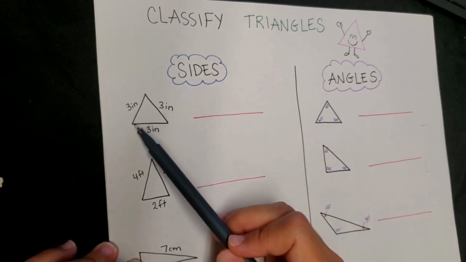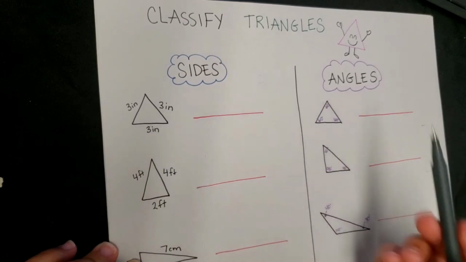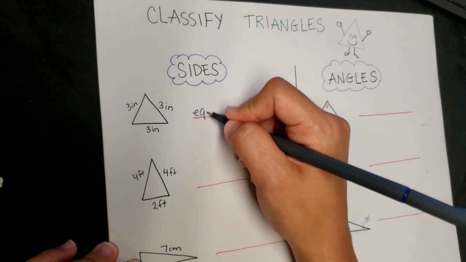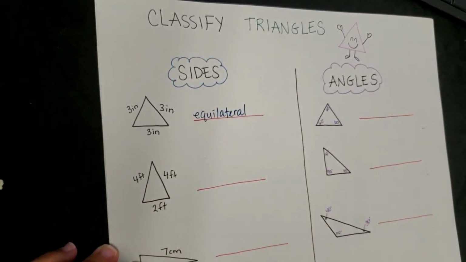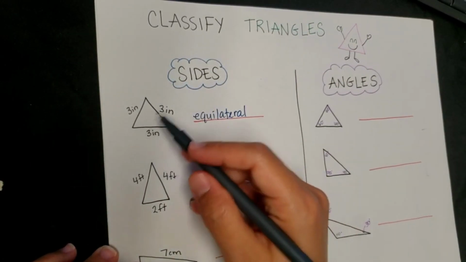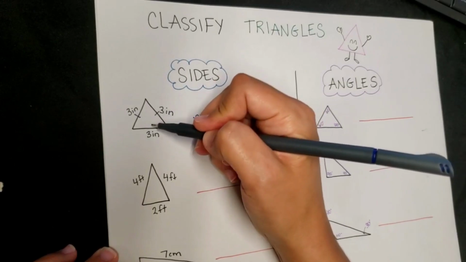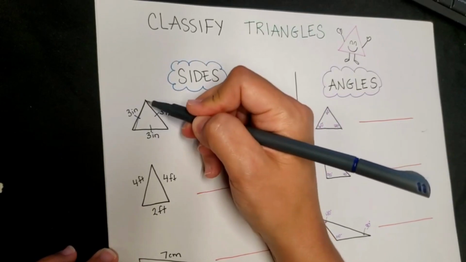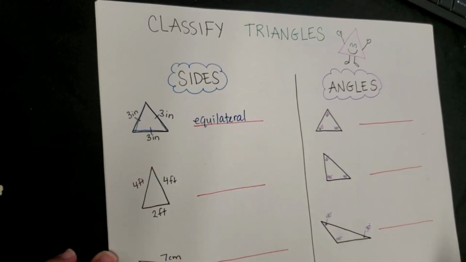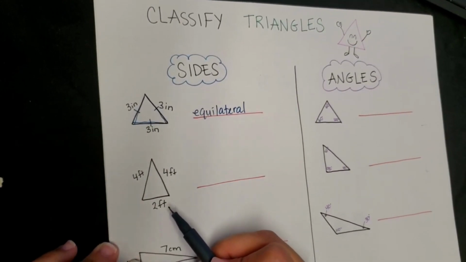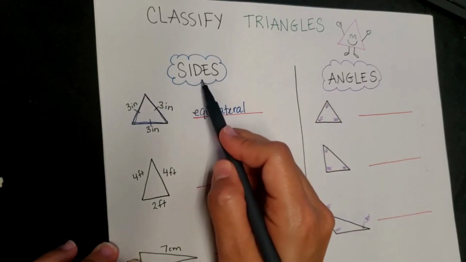Therefore, a triangle that has all sides equal is called an equilateral triangle. All sides equal, 3 inches, 3 inches, 3 inches. That means all of these lengths here are the same. It's an equilateral.